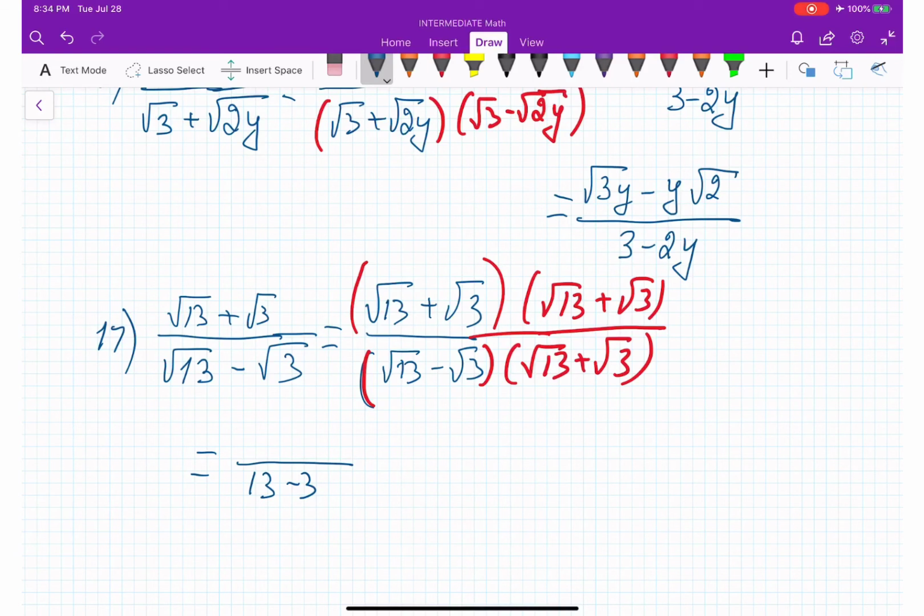Square root 13 plus square root 3, and twice. This is going to be square root of 13 plus square root 3 squared. Yes?